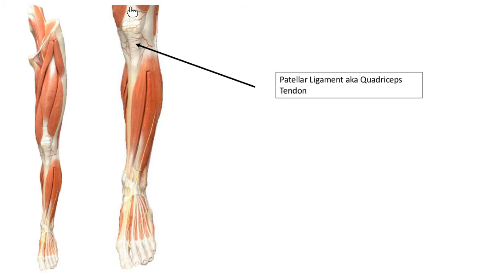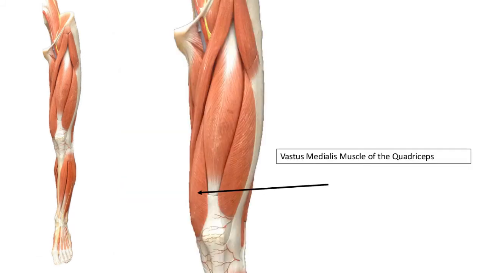But if it's up above the patella, definitely put quadriceps tendon, because that's where the muscle, I'll show you a better picture. There you go. If the arrow was pointing to this part here, that would be the quadriceps tendon.